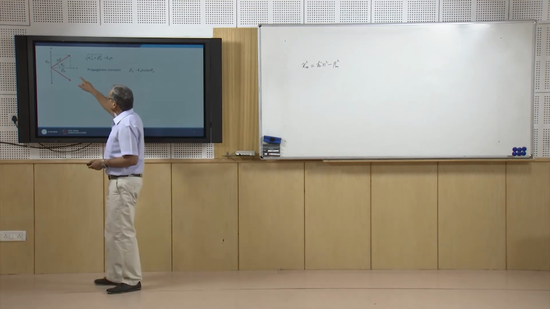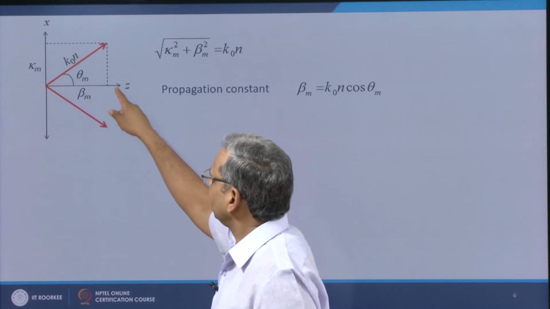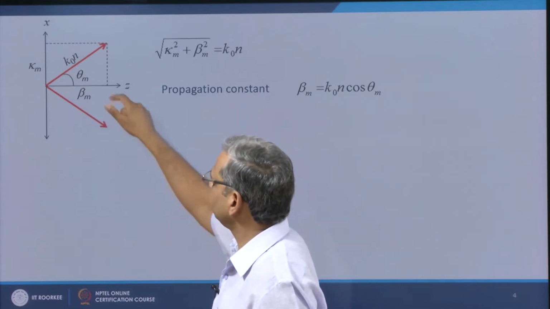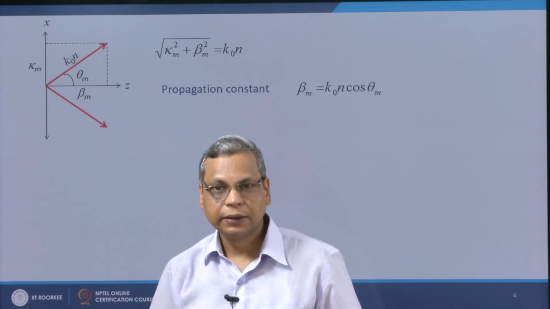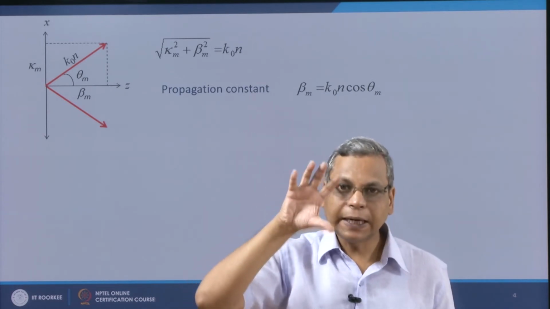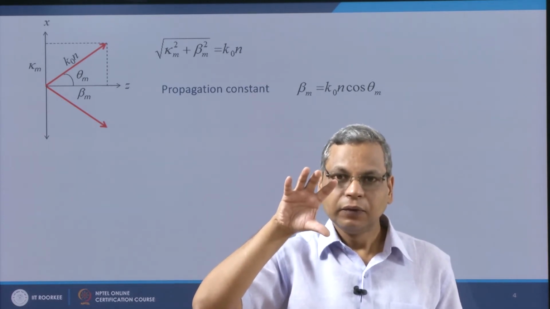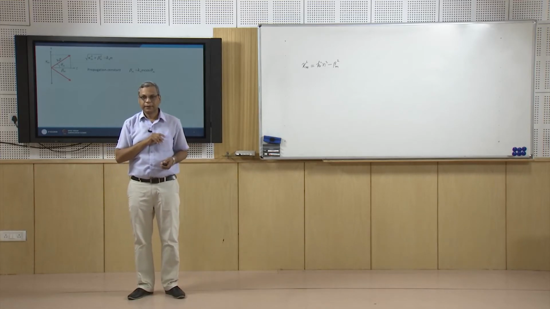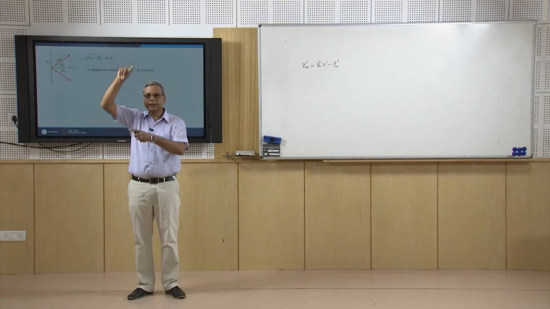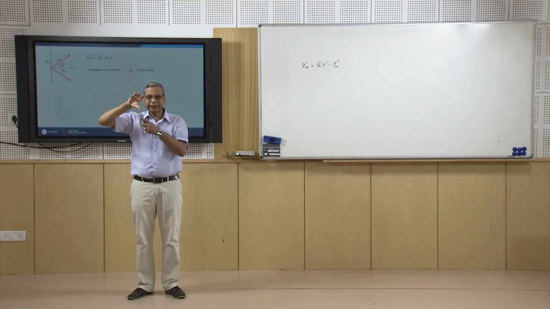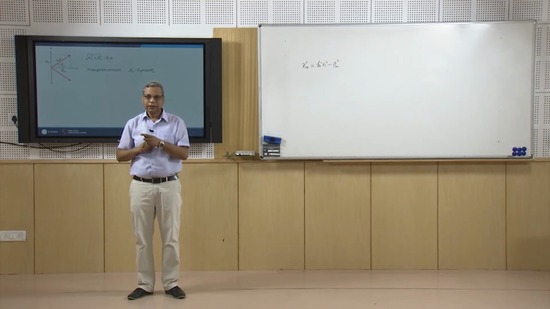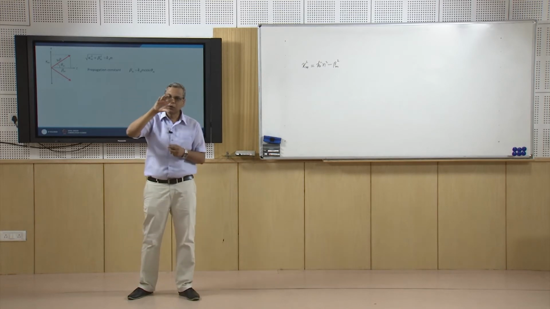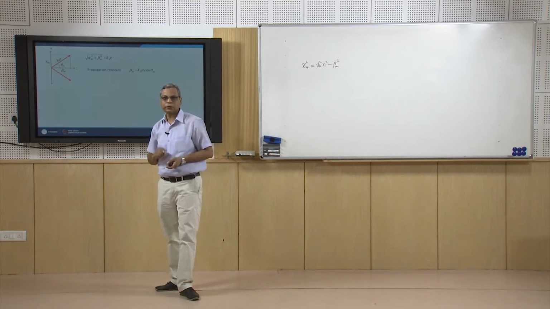In the z direction, this also gives me propagation in positive z, this also gives me propagation in positive z. So, I have a standing wave in x which propagates in z. The energy does not flow out in the x direction, the wave stands in the x direction, but that standing wave pattern flows in the z direction. This is the mode.